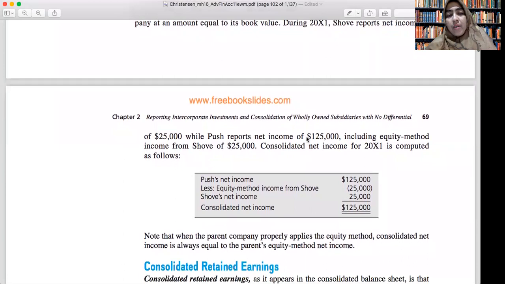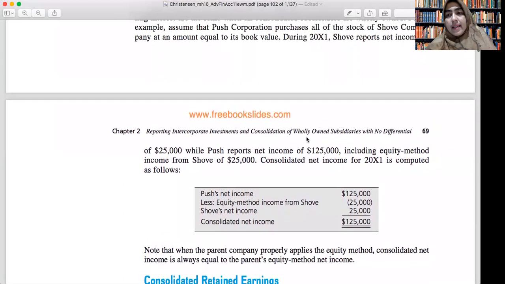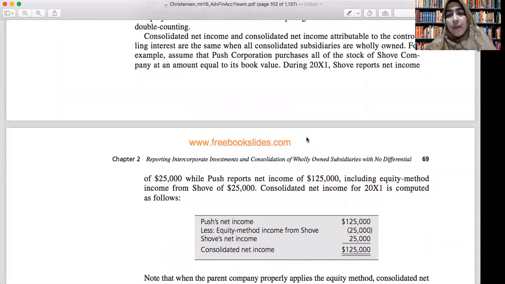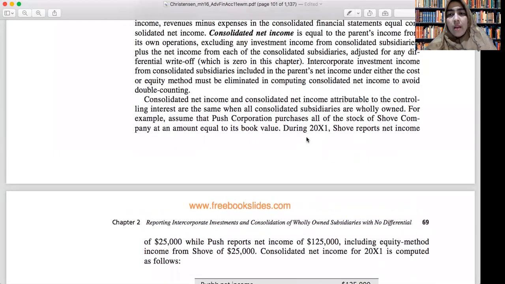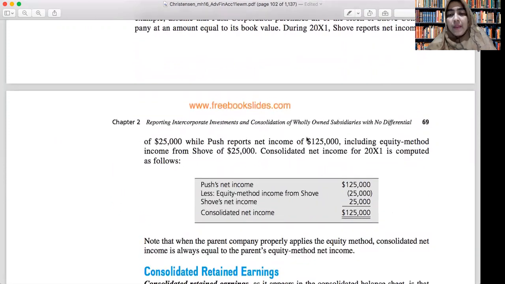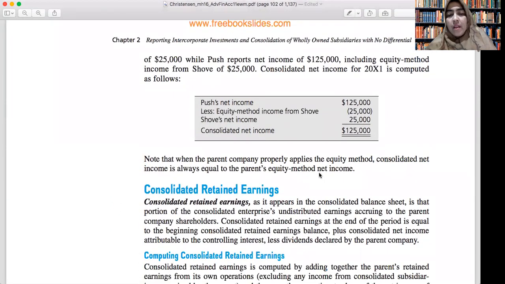Remember that in the equity method, we record the income created by Shelf, because the income attributed is actually from the parent itself. So when the parent company properly applies the equity method, the consolidated net income is always equal to the parent's equity method net income.